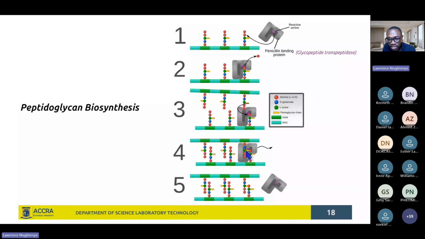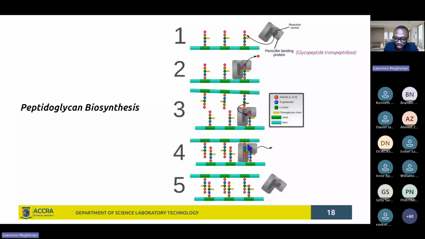And that cross linkage is between alanine, which is red, and green, lysine. And so you now have that cross linkage, which is shown yellow, also being named as the pentaglycine chain. You are having a chain between lysine, the green, and alanine.